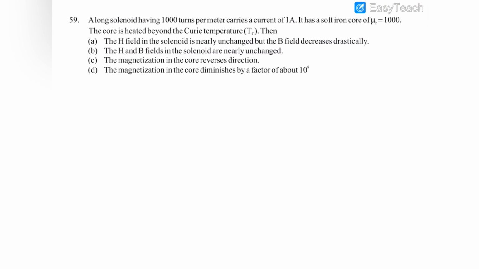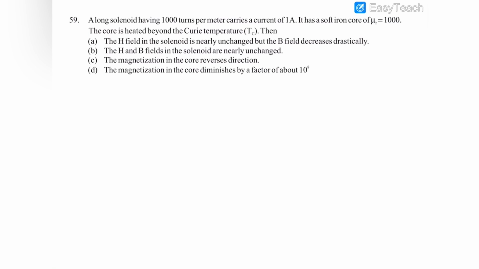In this question, you can see that there is a long solenoid which has 1000 turns per unit length, and a current of 1 ampere is flowing through that solenoid. It has a soft iron core of relative permeability 1000, and this core is heated beyond the Curie's temperature.